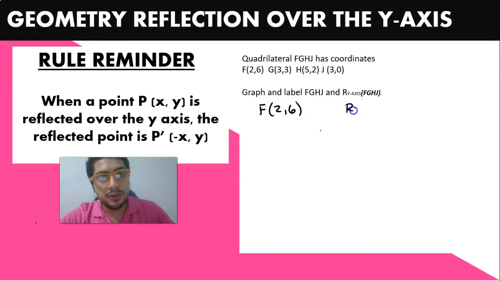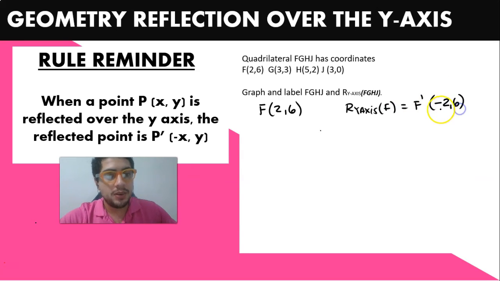The reflection of F over the y-axis is going to be F', which has coordinates (-2, 6). As you can see, for the value of x, we put the opposite number. And we're going to do the same thing with all the other points.